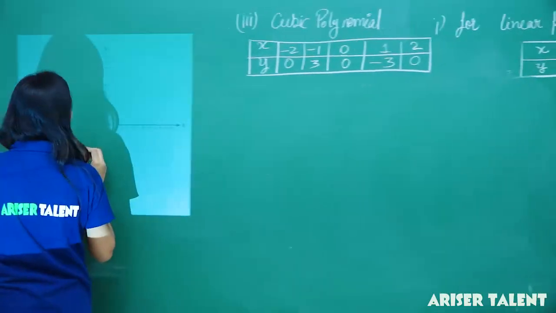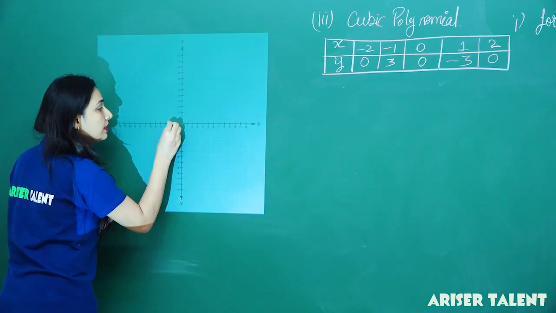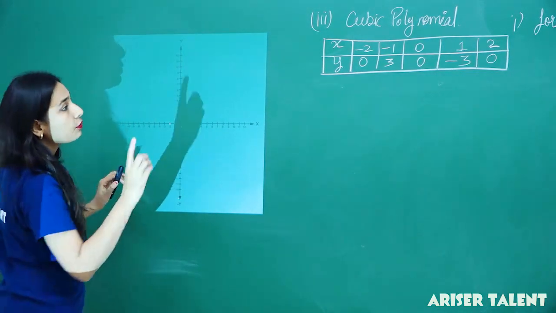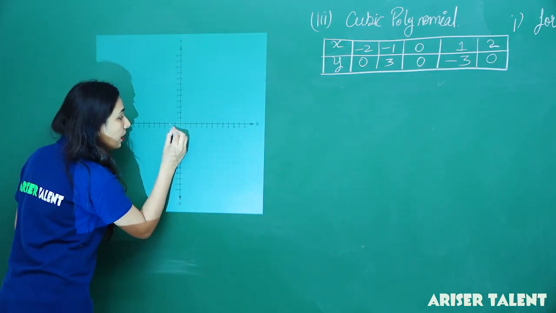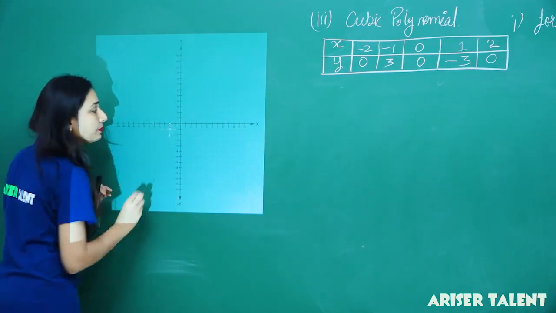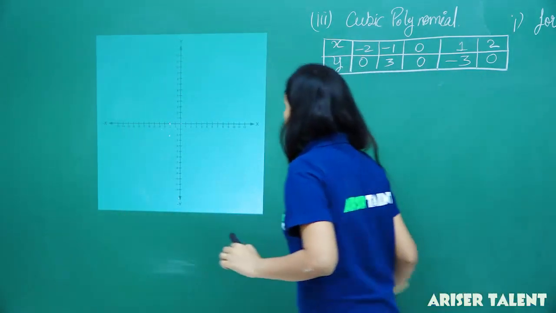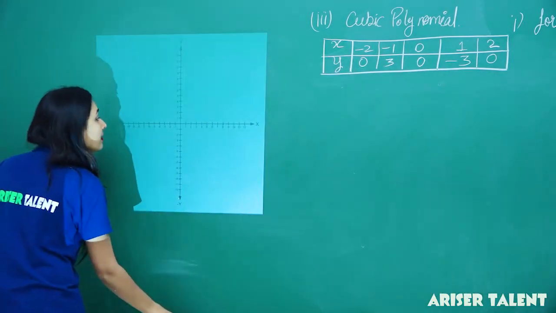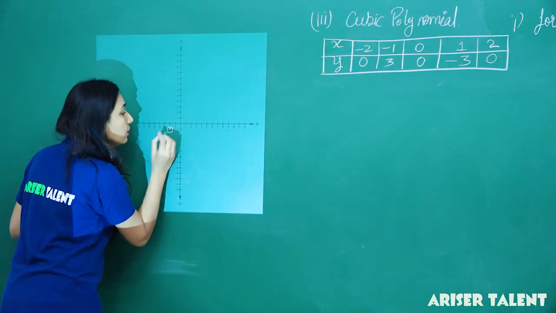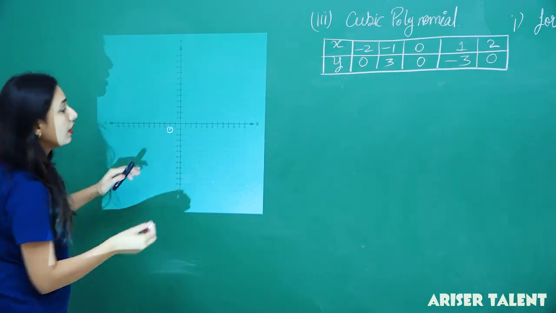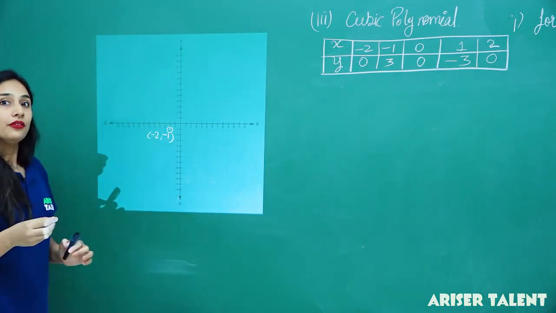So you have to put the values here, minus 2 and minus 1. First value minus 2 of x. So this is the x axis, minus 2 is there, and corresponding to this, the value of y is minus 1. So this will meet here, and on this graph paper I can allot it very easily. This is the very point. Okay, so what is this point? Minus 2, minus 1.